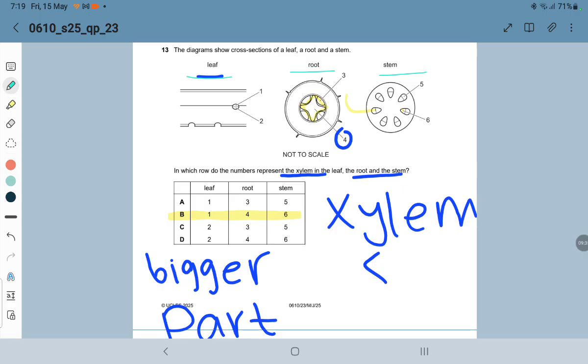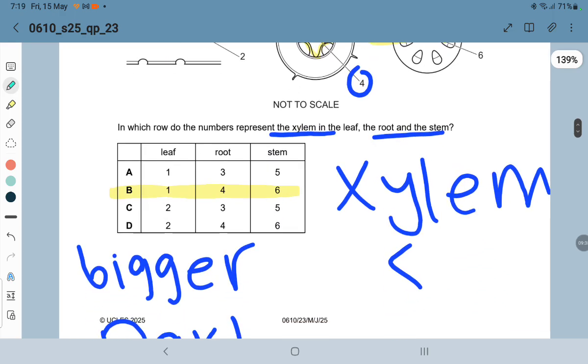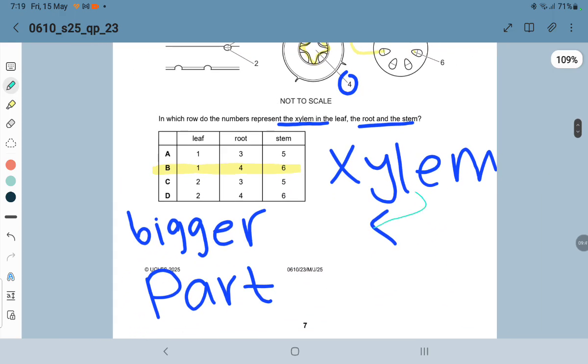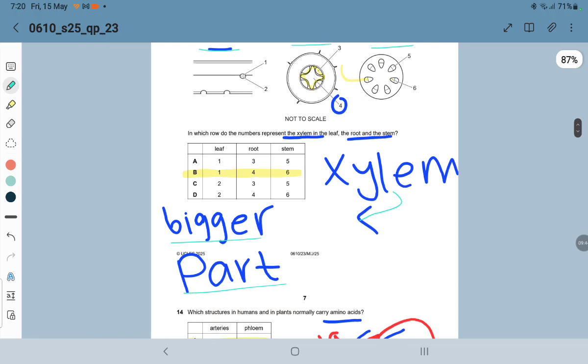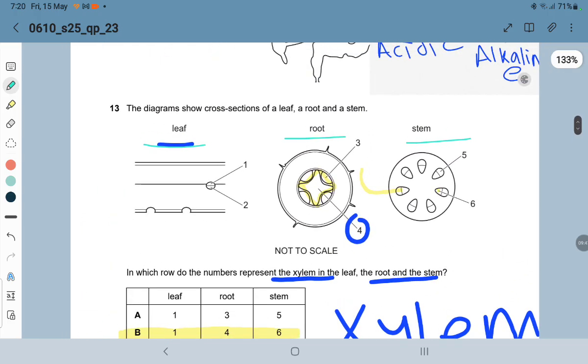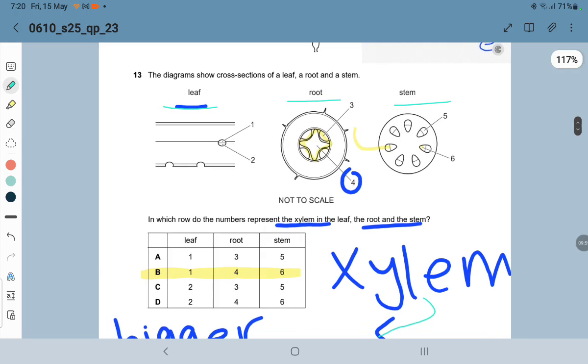In case you didn't memorize it, no problem, you can still figure it out by using my trick. The xylem will be the bigger part in the vascular bundle, as you can see here in the roots. Can you see that star symbol marked in yellow highlighter? That star symbol is larger. So we can say that this is the xylem because it delivers more water at a higher pressure.